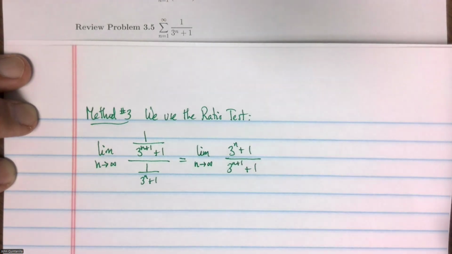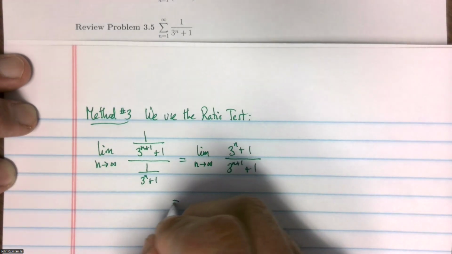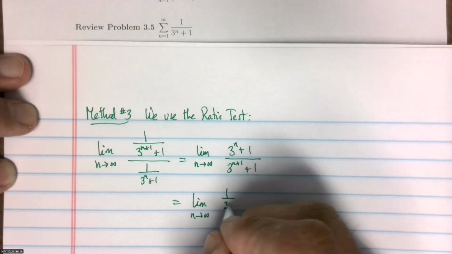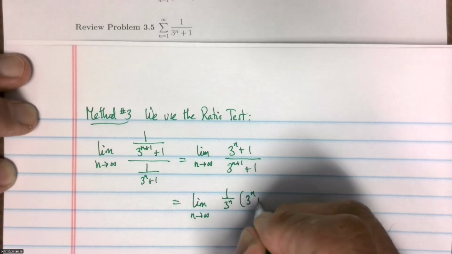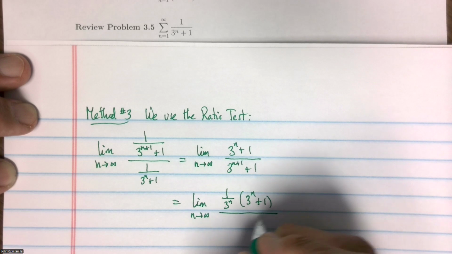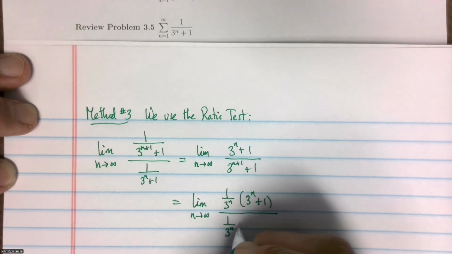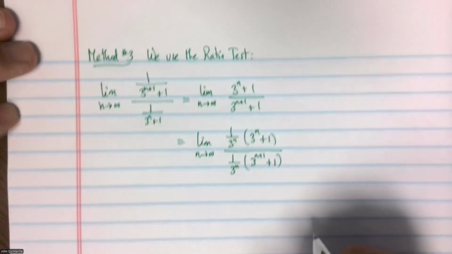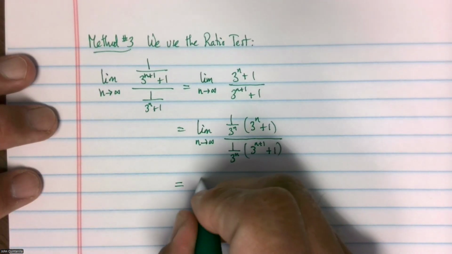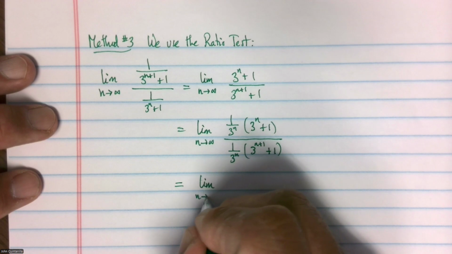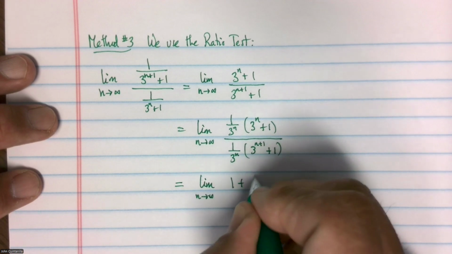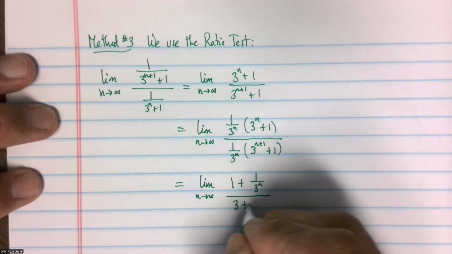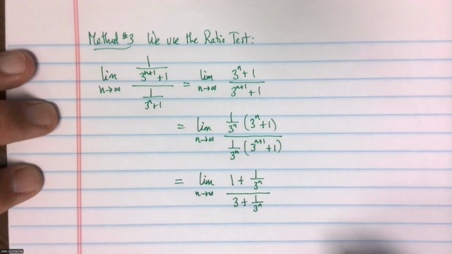Okay, now once again, let's multiply top and bottom by 1 over 3 to the n. So that's the limit as n goes to infinity of 1 plus 1 over 3 to the n, all over 3 plus 1 over 3 to the n.